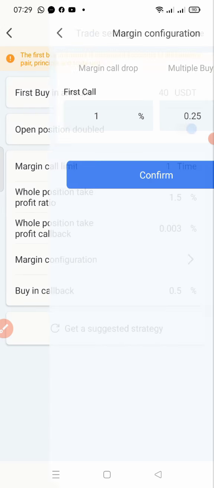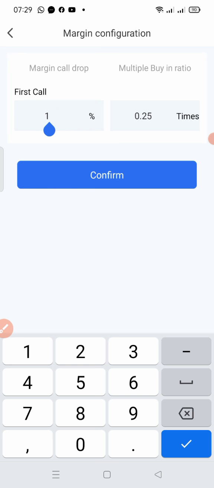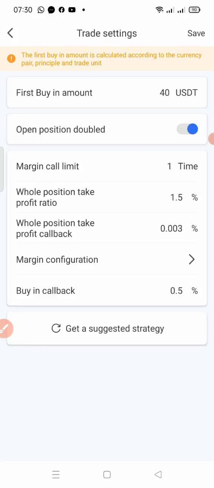For margin configuration, I want to make it that if it drops by 5%, buy 1 more. You can change this to anything you want. Okay, and I confirm.